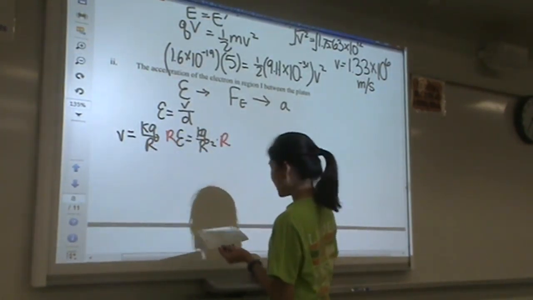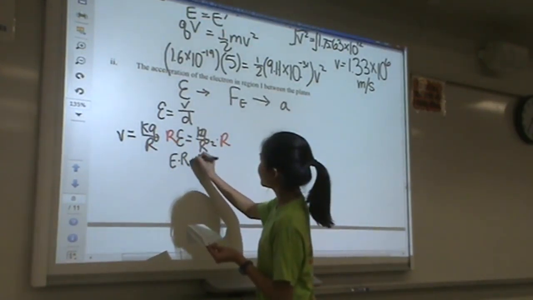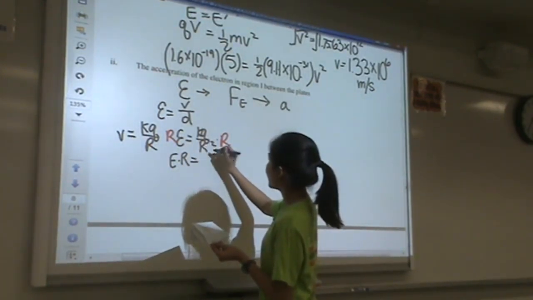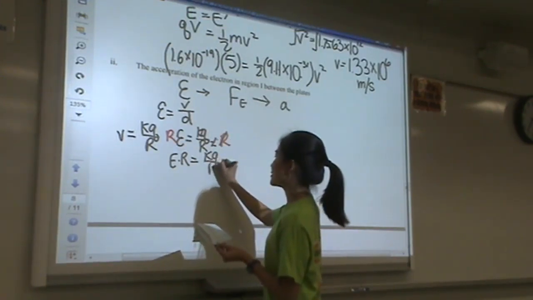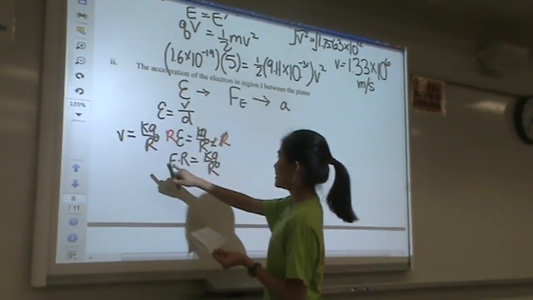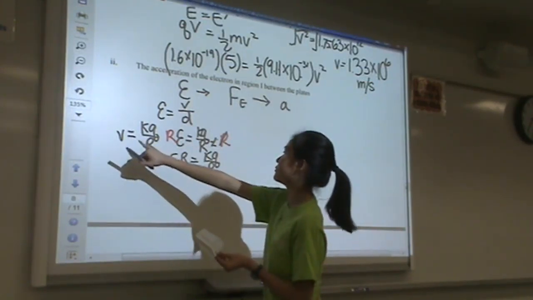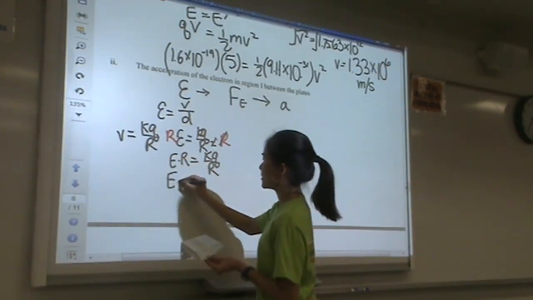you get that E times R equals KQ over R. And R is your distance, which will turn into D. So we get that E times the distance R equals KQ over R, which is the same as your electric potential.